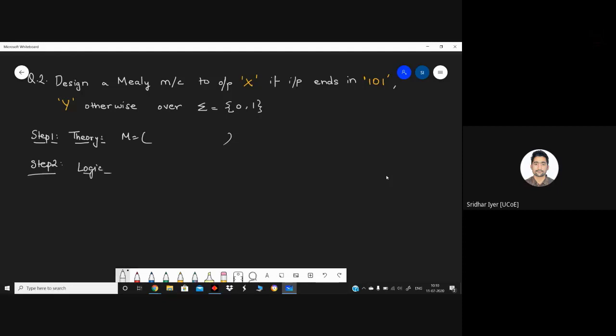Now, logic is nothing but again, you are going to write in terms of Q, inputs, and what else? If you remember in FSM, we used to write IOS. Over here, what should we write? Inputs we have written, states we have written, sigma.